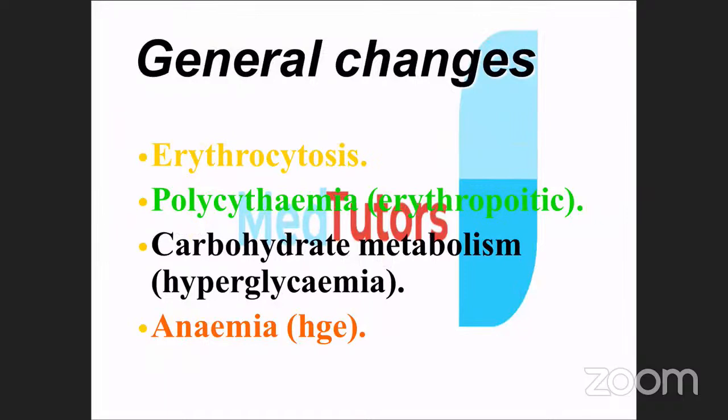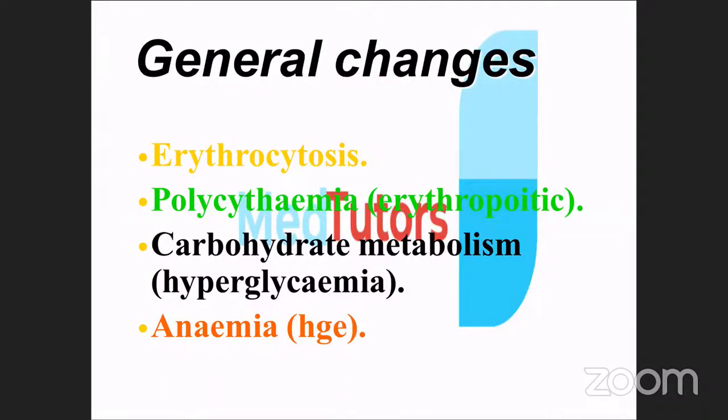General changes include erythrocytosis, increased red blood cell synthesis, polycythemia, hyperglycemia, and anemia. Now, anemia may result from repeated menorrhagia, right?